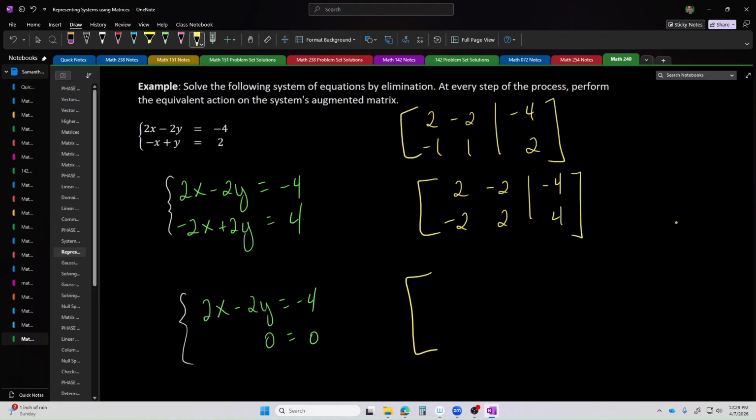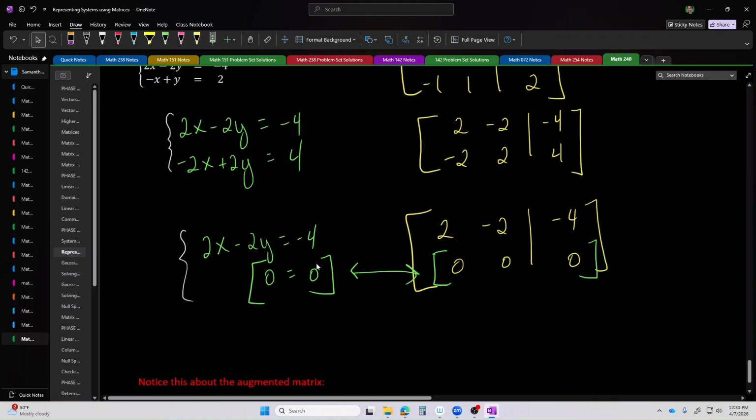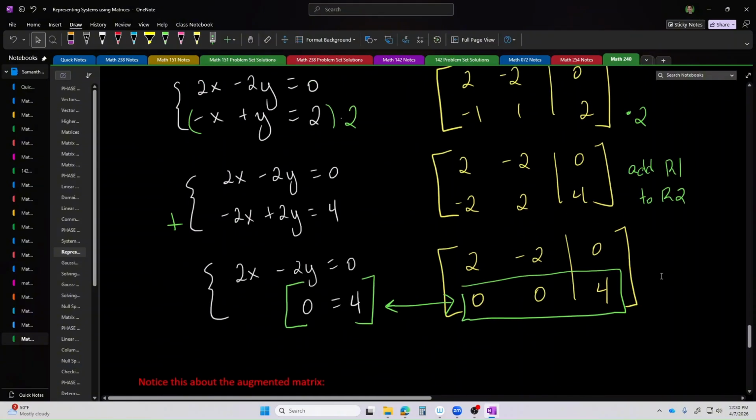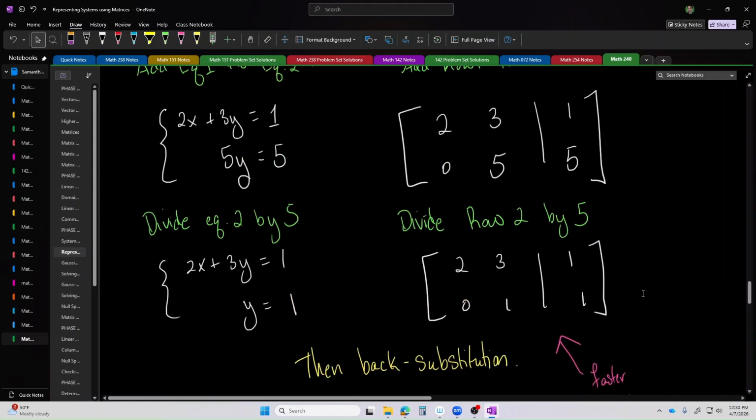So if we add row 1 down into row 2, we end up in the augmented matrix with an entire line of zeros. And that's the augmented matrix equivalent of having 0 equals 0 in this bottom position in the system here. So just bear that in mind. We will be exploring this particular pattern in the next several videos, but bear this in mind.